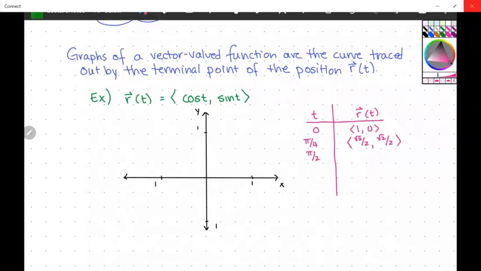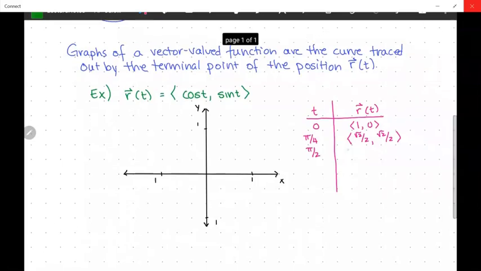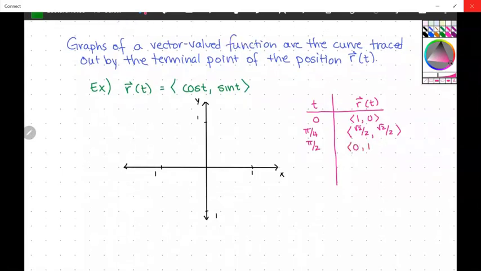All right. At t equals pi over 2: 0, 1. I'm not going to go all the way to 2 pi, but 3 pi over 4. Sorry. What about 3 pi over 4? Yes. And pi.